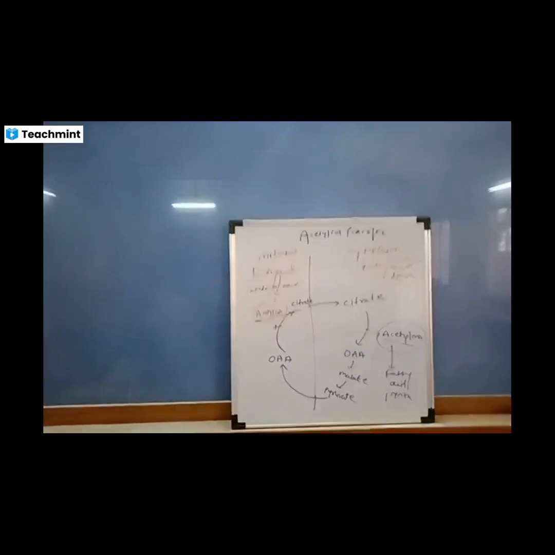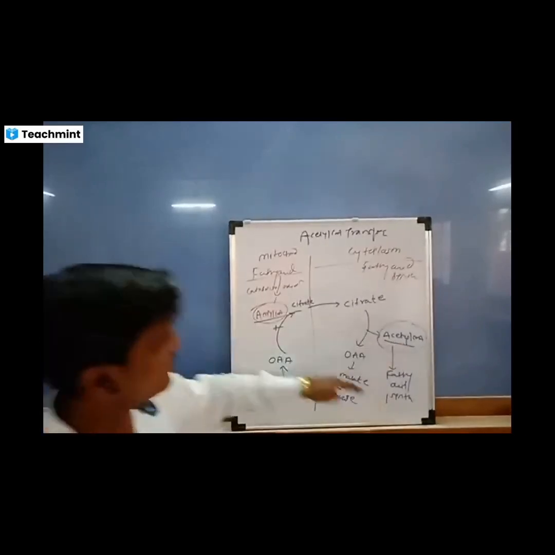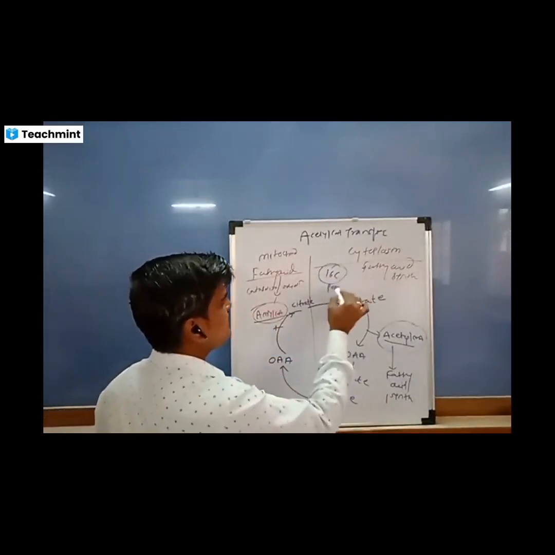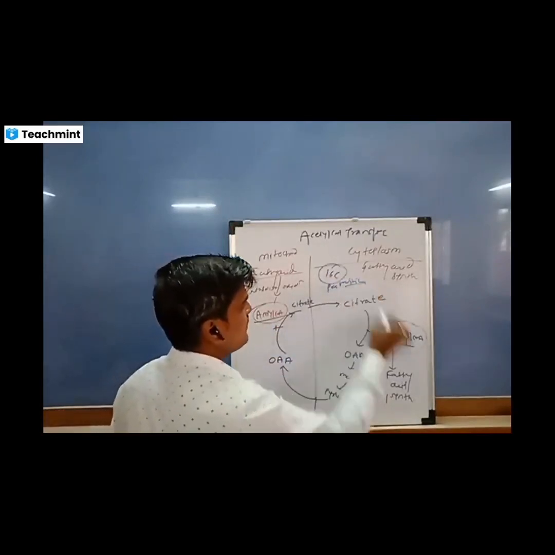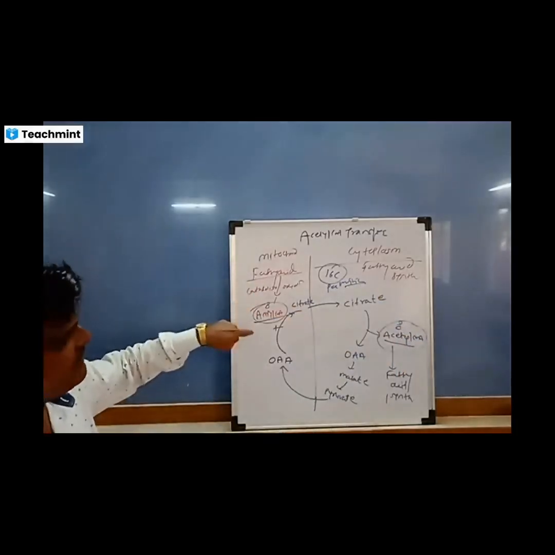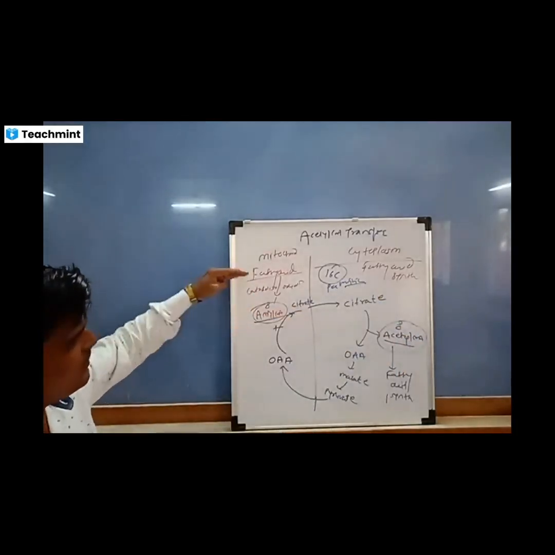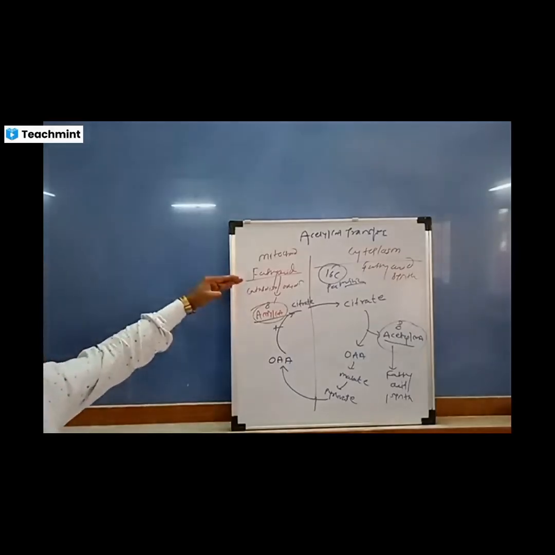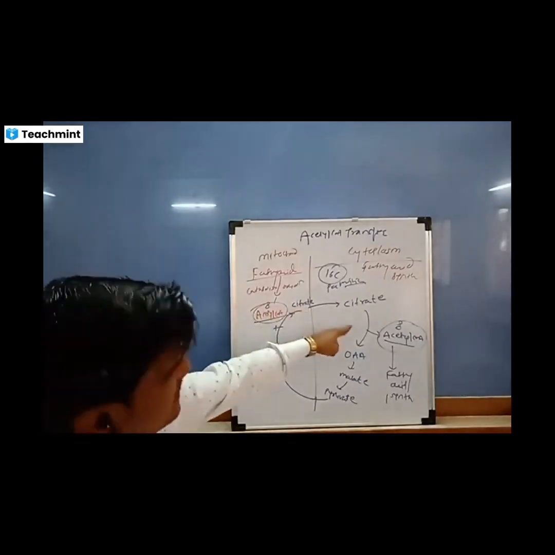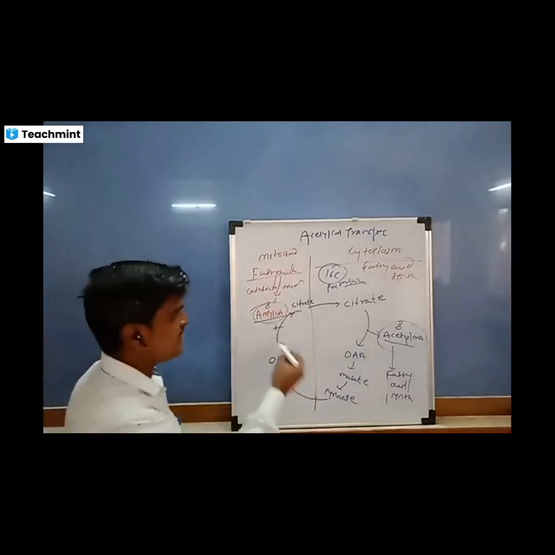So this mechanism makes the acetyl-CoA molecule available. As we know, for synthesis of the 16 carbon palmitic acid structure, there is a requirement of 8 molecules of acetyl-CoA. These 8 molecules, if available in mitochondria via beta oxidation or any other metabolic pathway, are not easily transferred into the cytoplasm, but they are transferred via citrate.